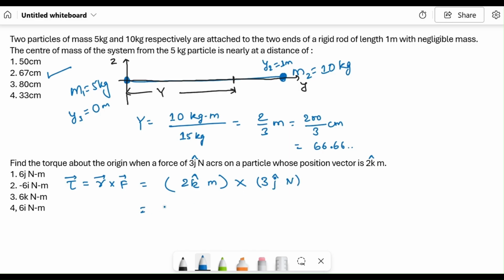So 2 times 3 will be 6. K cross J will be minus I, so this will be minus 6 I cap Newton meter, the SI unit of torque.